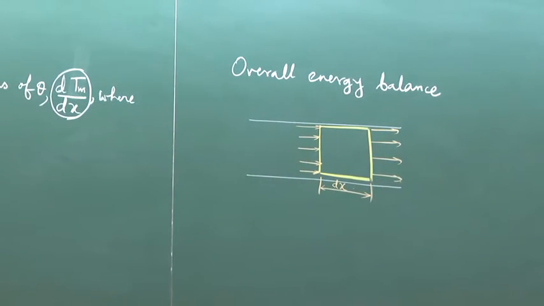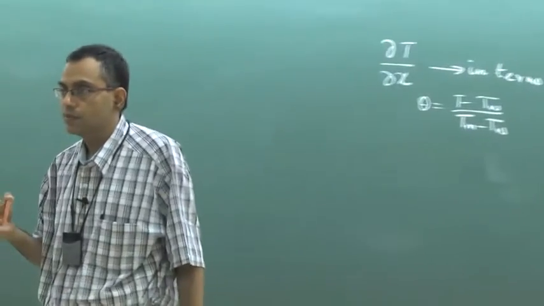In terms of the bulk mean temperature, the bulk mean temperature is an equivalent temperature which would have existed uniformly across the cross section to make the flow of the same energy as that of the actual case.